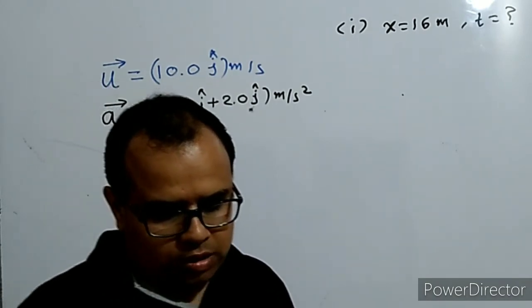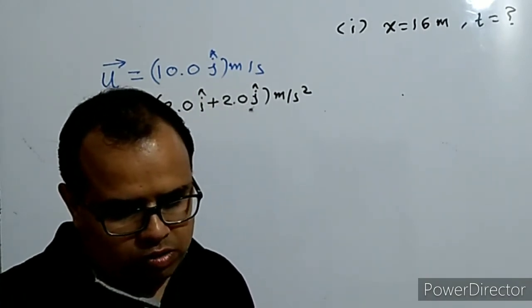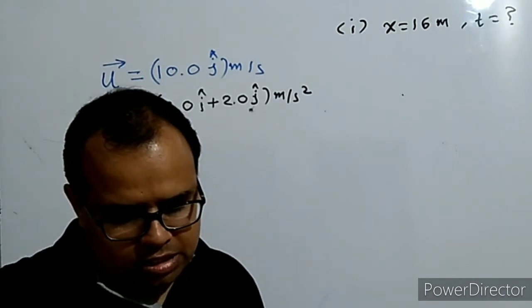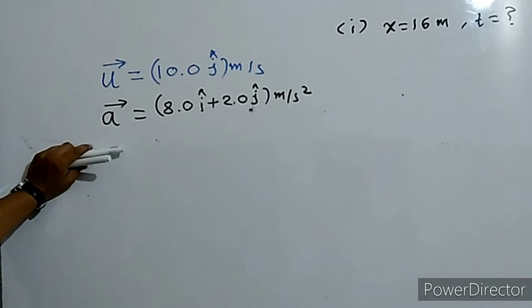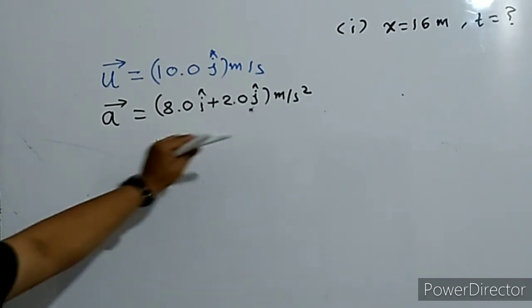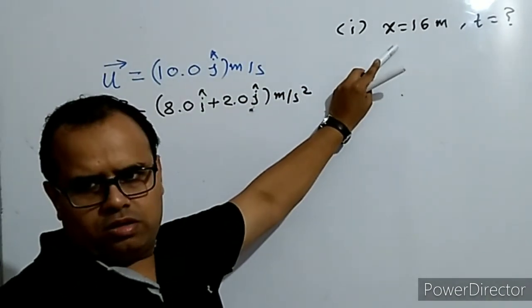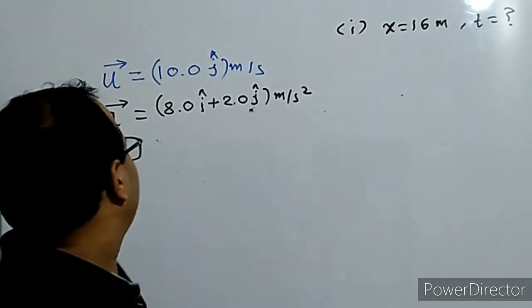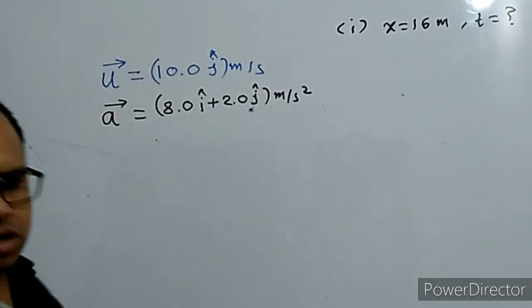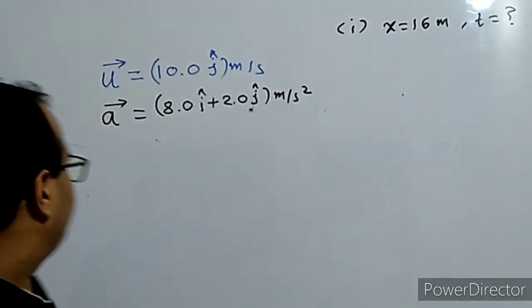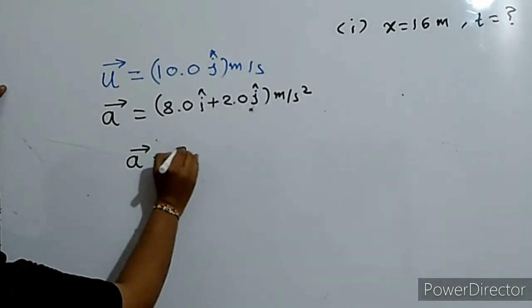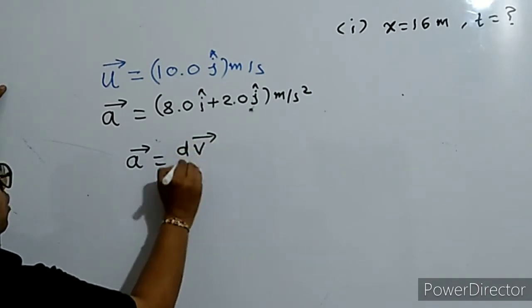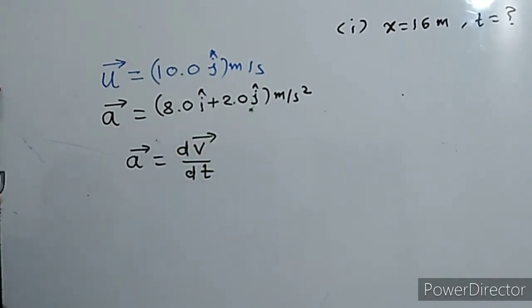Okay, so what is asked? See, initial velocity is given, acceleration is given, and what we have to find is the position, that is the distance traveled. So how can we find the distance traveled? Now you know that acceleration is the rate of change of velocity, that is dv vector by dt.